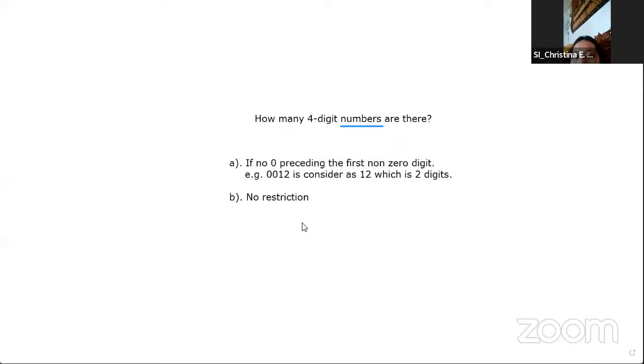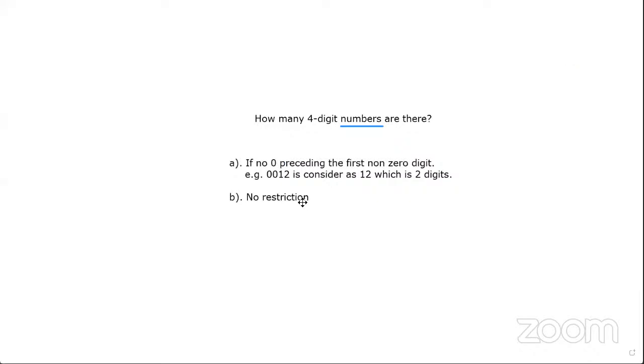And for the B, if 0012 is considered 4 digits, it should be 10 to the power 4. So this one is okay? So the answer is ten to the power 4.